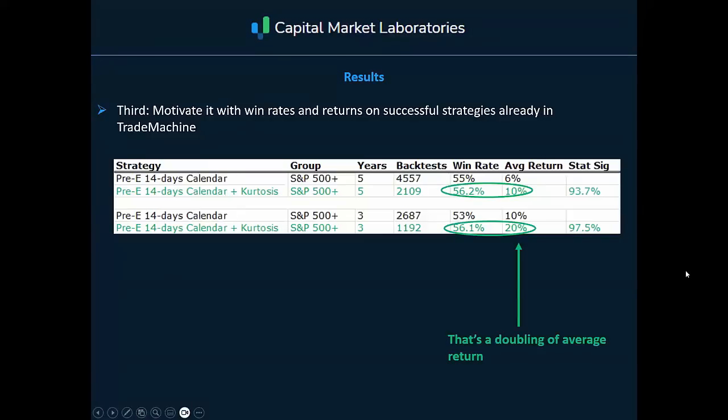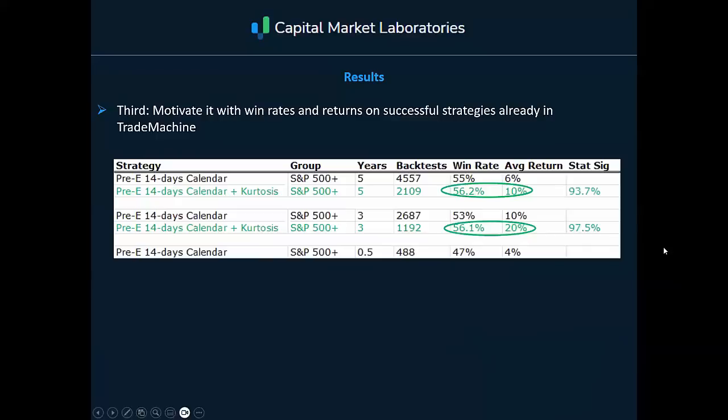Let's go to the last half year. By the way, that's obviously a doubling of the average return. Now, let's go to the last 6 months. As many Trade Machine members will know, if we've been using the current strategies, it feels like we've been running in the mud a little bit.